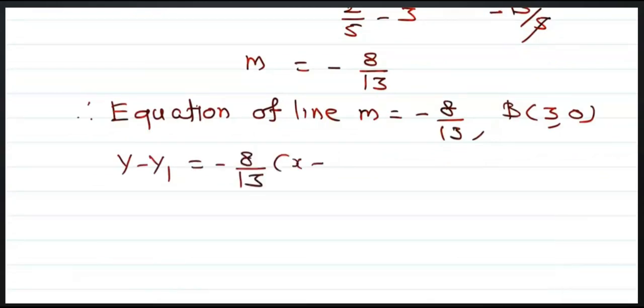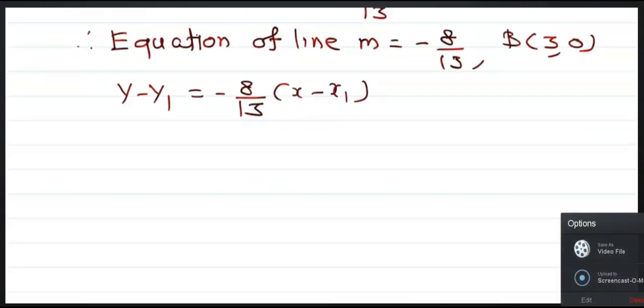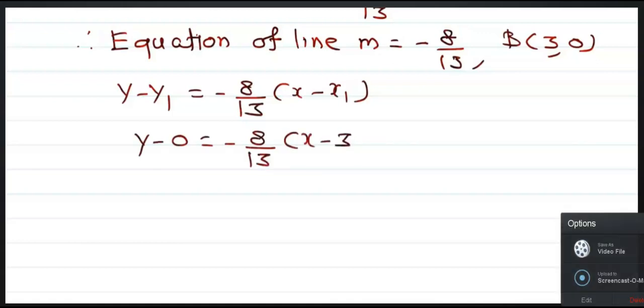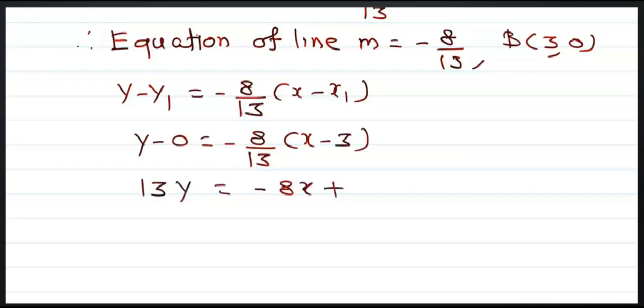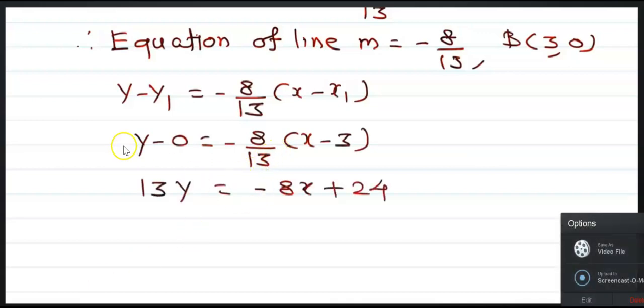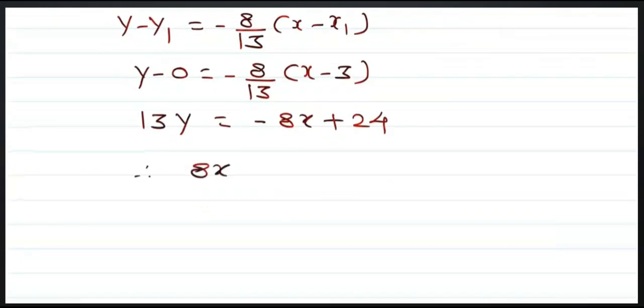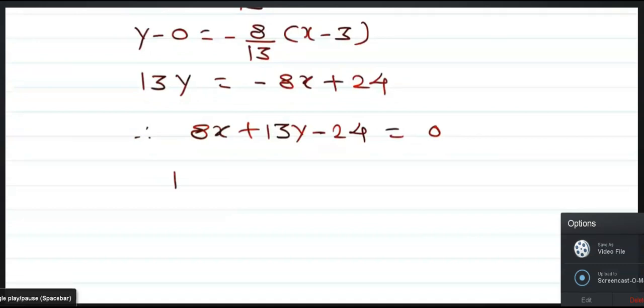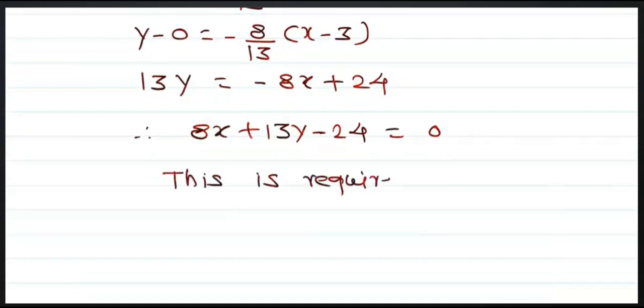Therefore, y minus y1 = minus 8/13 (x minus x1), that is y minus 0 = minus 8/13 (x minus 3). If we simplify this, 13y = minus 8x + 24. Therefore, 8x + 13y minus 24 = 0. This is the required line. Now we'll see again.